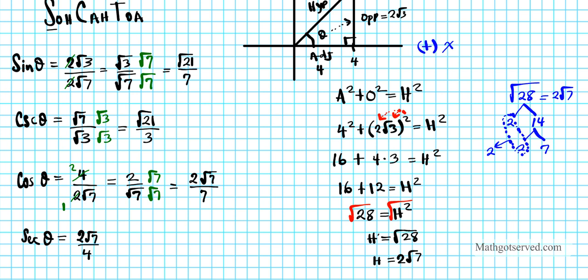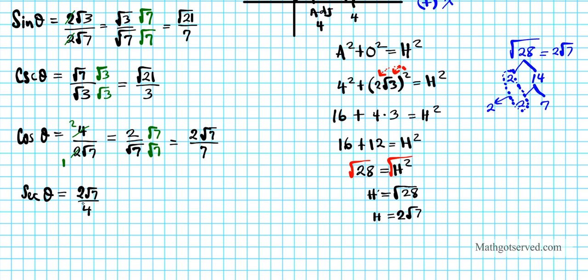Now all we can do here is divide by 2 top and bottom. So 2 goes here 1, and 2 goes here 2. So this simplifies into root 7 over 2. Alright, now tan, from TOA, is opposite over adjacent.